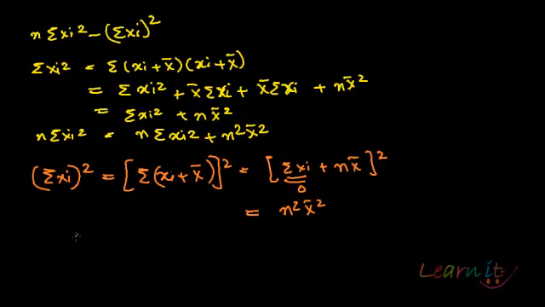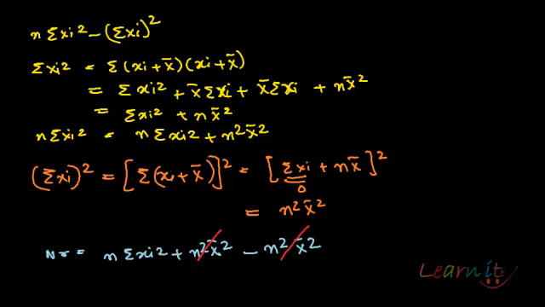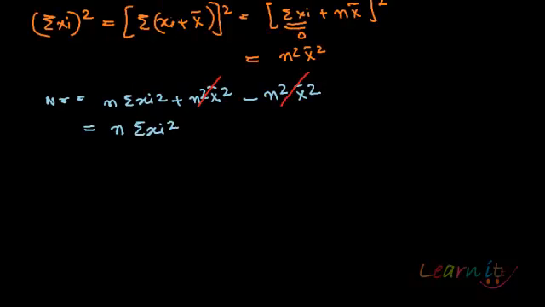So your denominator becomes n summation xi square plus n square X bar square minus n square X bar square. These two will get cancelled out, and what is left is n summation xi square. Okay? Sorry, this is your denominator, I'm sorry.